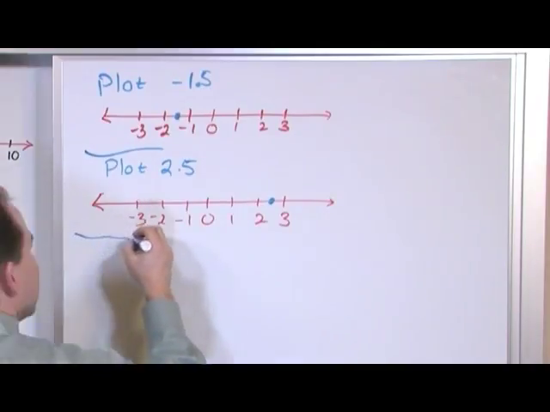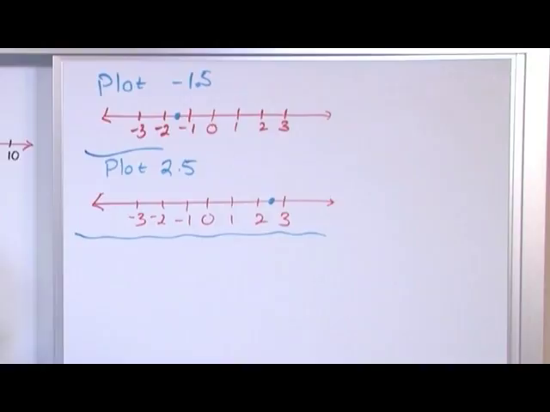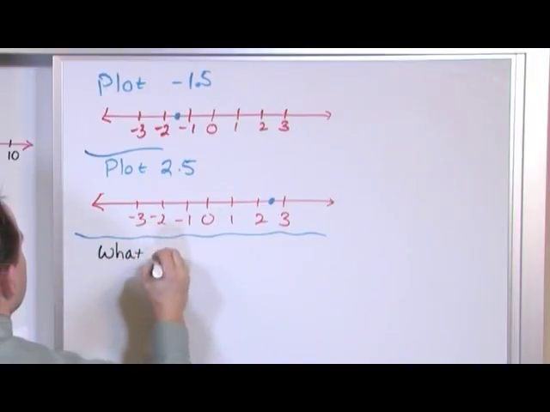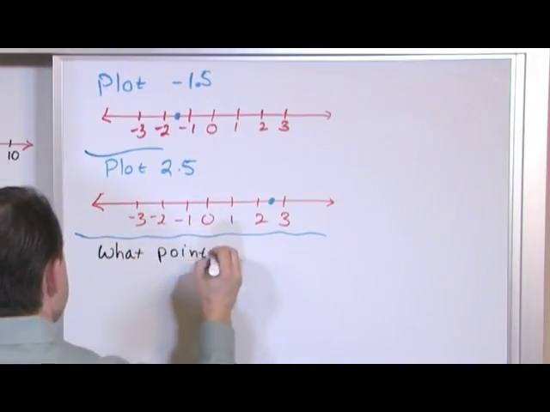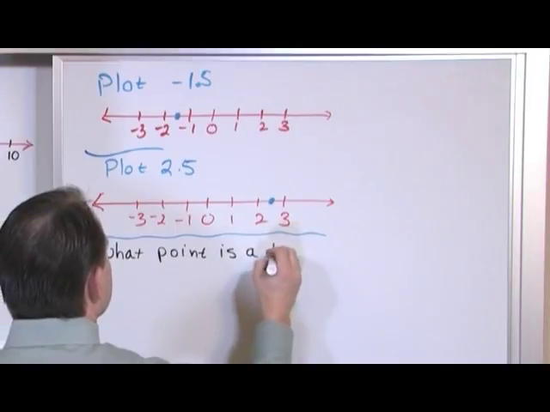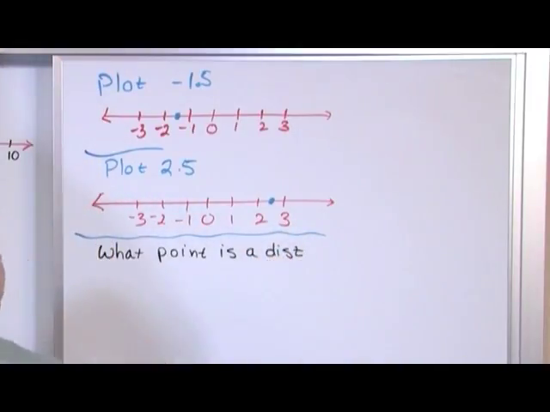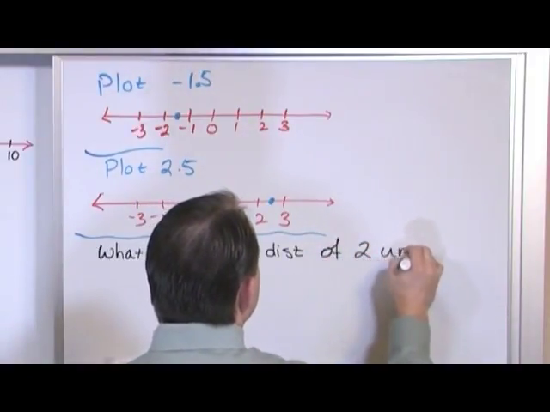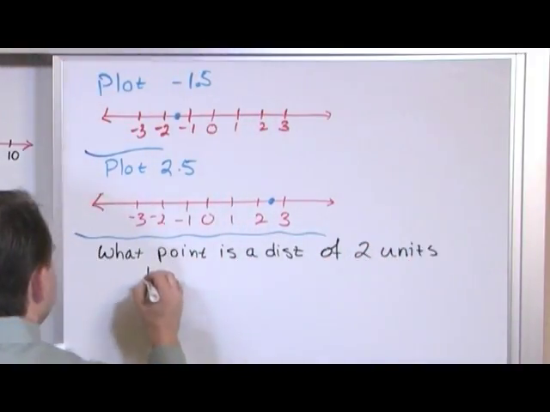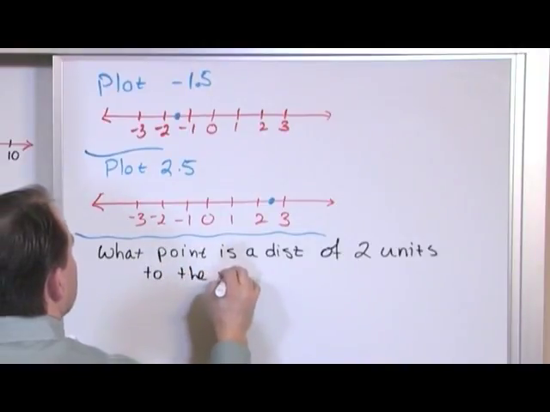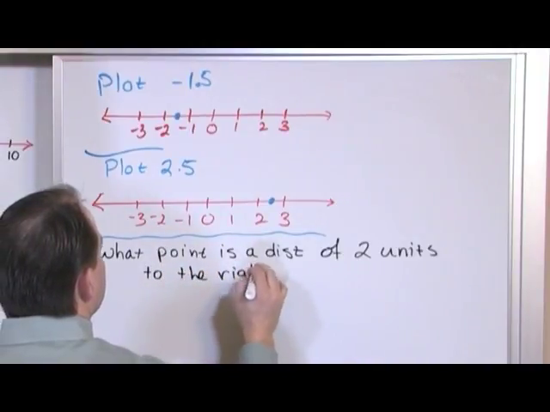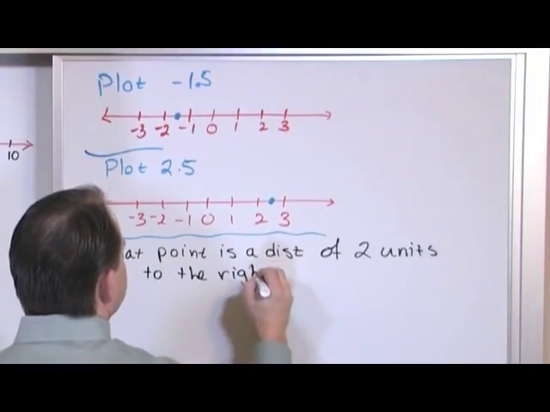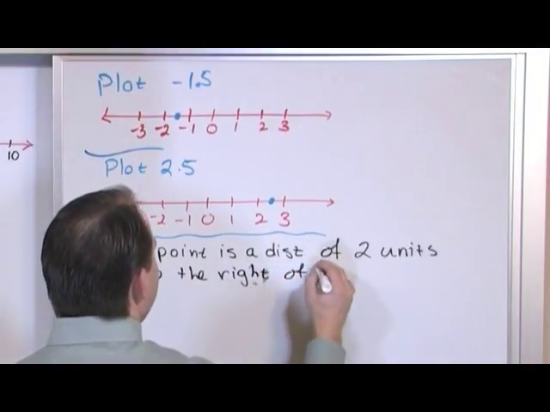Now let's do a little different kind of problem just to get some practice with the number line. Let's write something down. What point is a distance of 2 units to the right of the point A?